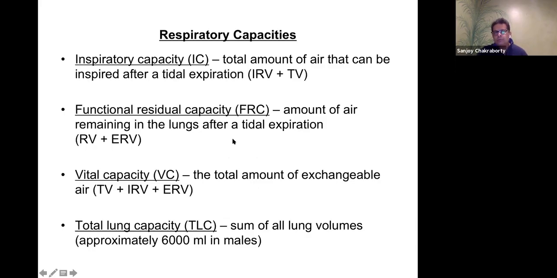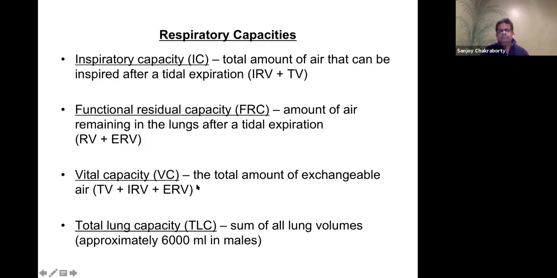That means the amount of air that stays in your lung after a normal expiration, after a normal exhalation. So if you take out only $50, the remaining part is called FRC in the example that I gave you.